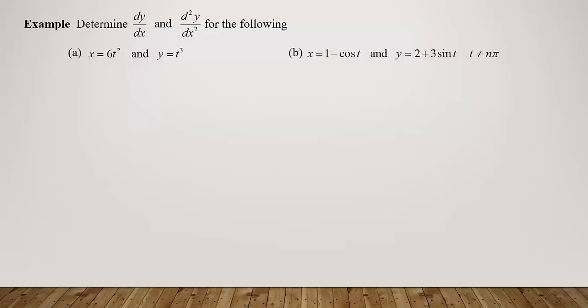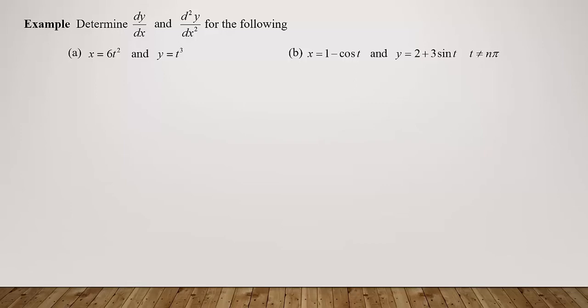All right, since we've seen how to do second derivatives in the parametric world, and we have that theorem showing us how to do dy dx, let's crank through an example where we're going to determine dy dx and the second derivative. In part A, we have x equals 6t squared and y equals t cubed.